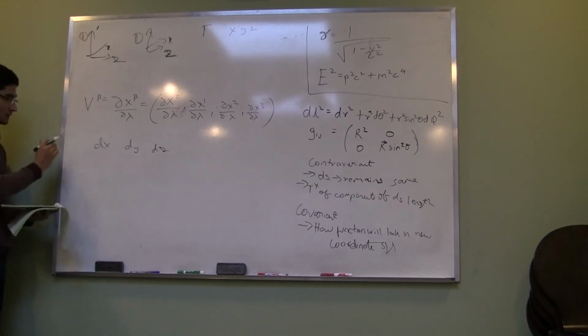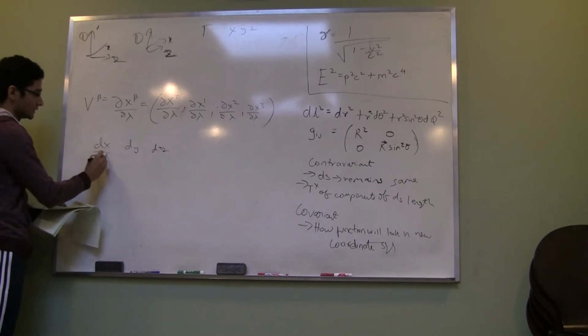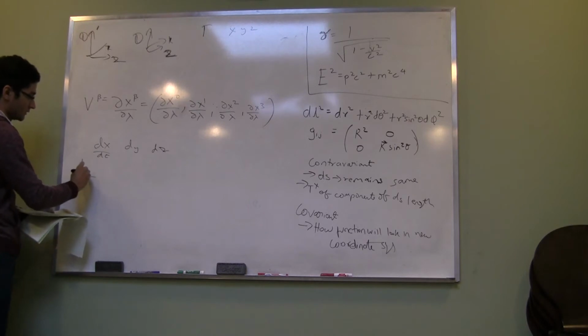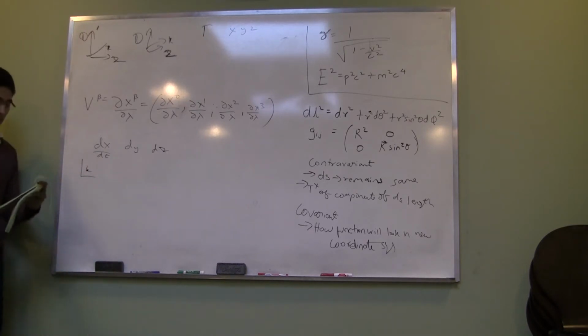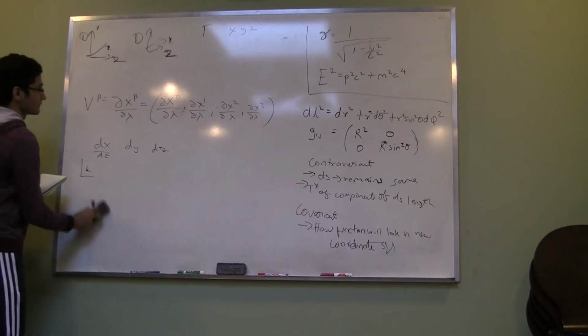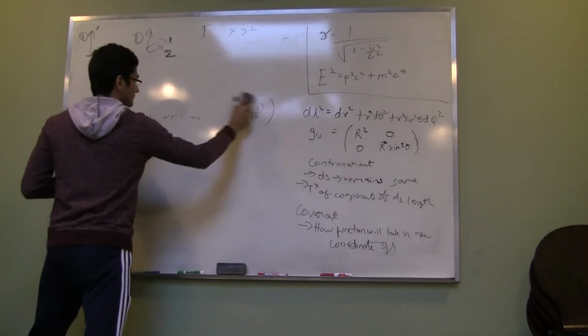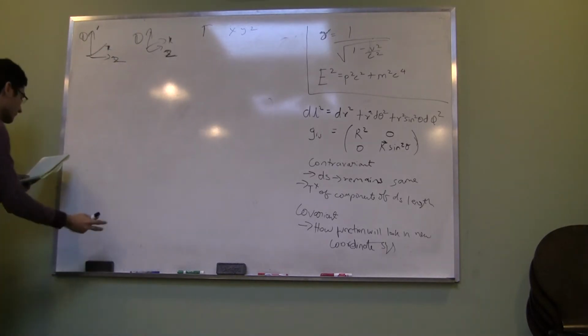So velocity will be just d by dt. You can have velocity components vx, vy, vz, and you transform them. It's basically the same. And fields transform using one forms because, as you saw, it's a gradient.